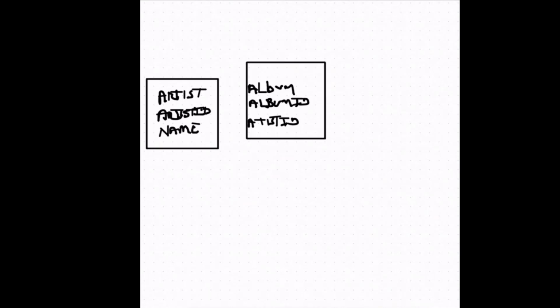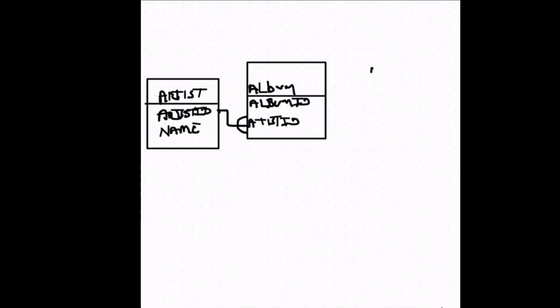I draw a box around each table representing the fact that this is its own entity object, and put a line underneath the name of the table so that we know that that's a header. Next, we're going to go ahead and draw the entity relationship. We're going to draw a line from the artist ID in the artist table to the album table. We put crow's feet on the end of the entity relationship connector to let us know that this is a one-to-many relationship.